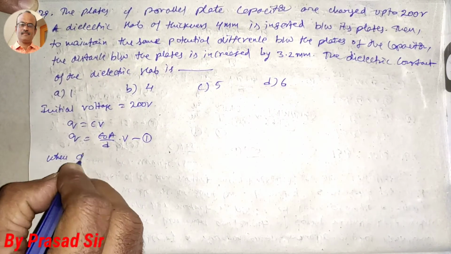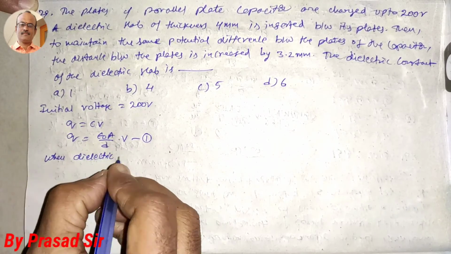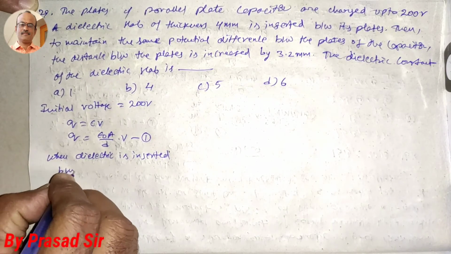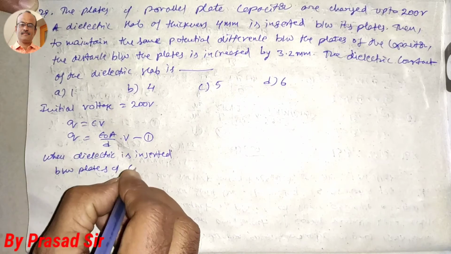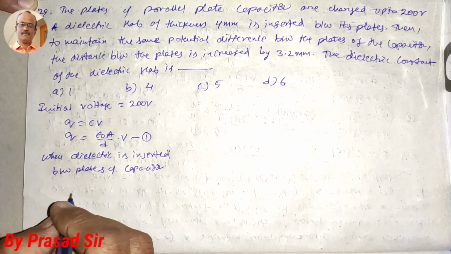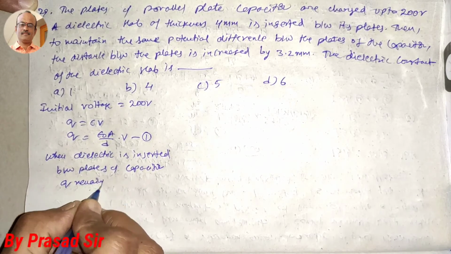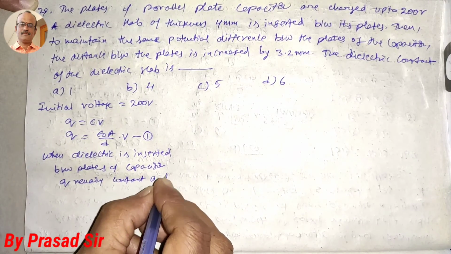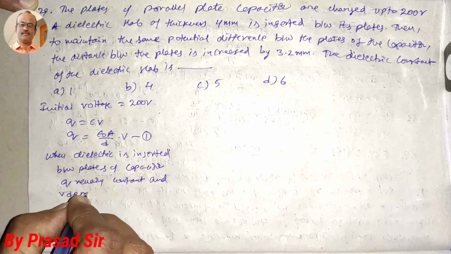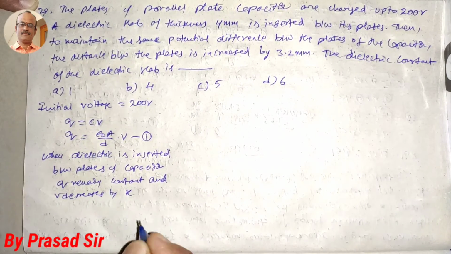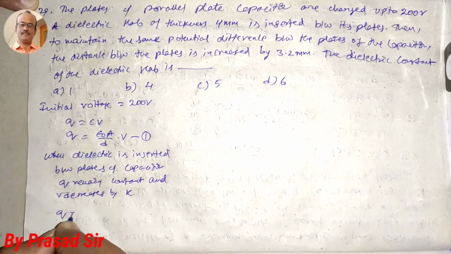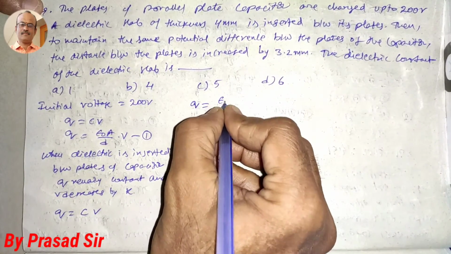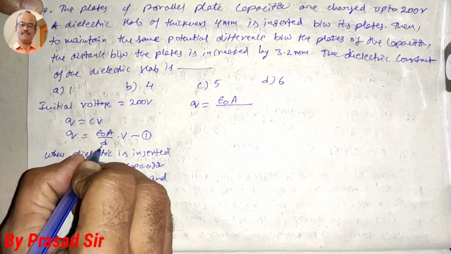Then what happens here? When dielectric is inserted between the plates of the capacitor, Q remains constant and V decreases by the dielectric constant, that is K. Then charge Q is equal to C into V. But here charge Q is equal to epsilon naught A divided by, but the distance, what happens here?